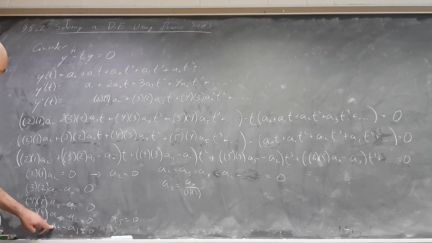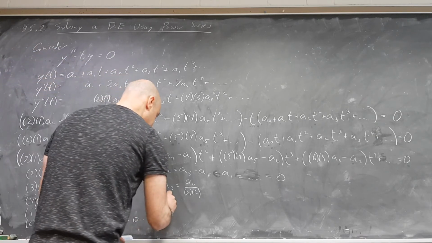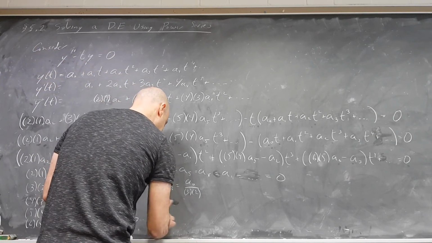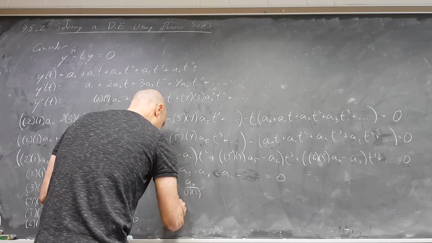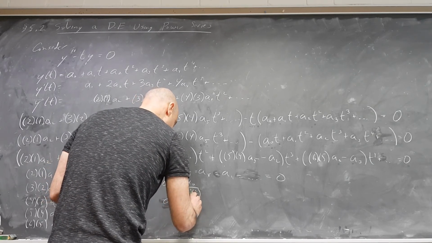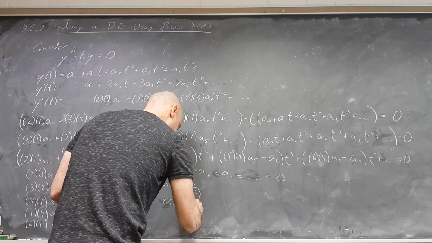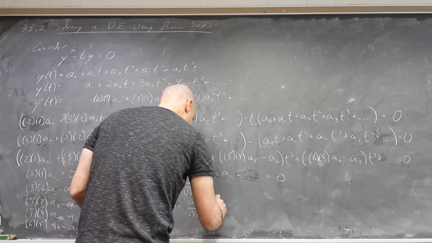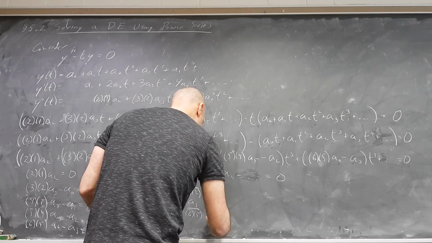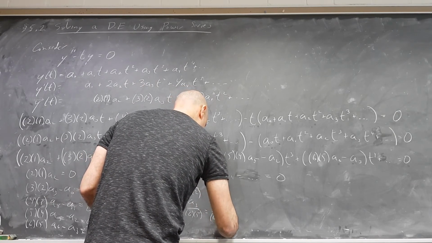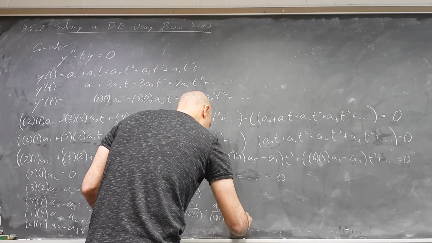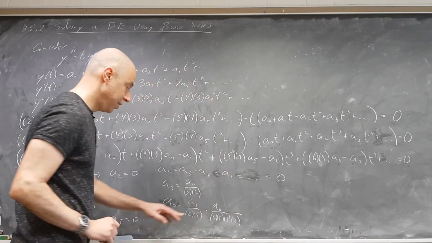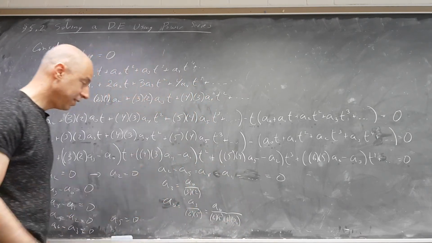We can see that a6 is going to be 1/30th of a3. So it's a3 divided by 6 times 5, which is just a0 divided by 6 times 5 times 3 times 2, whatever that is. 30, 90, 180.